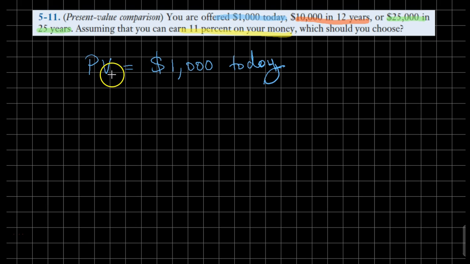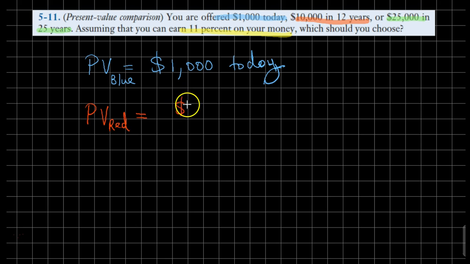Now let's have a look at the second one, the red one. How about the present value of the red investment? Well, we are offered $10,000, but we will be receiving that amount in 12 years. So we need to discount it.